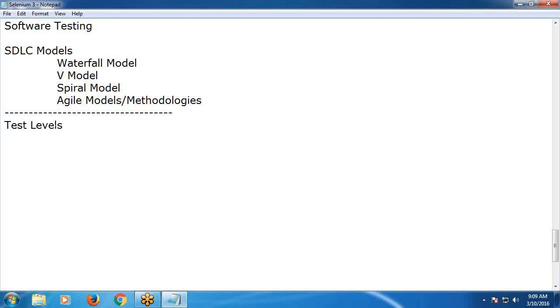We basically have 4 levels of testing. What are the 4 levels of testing?